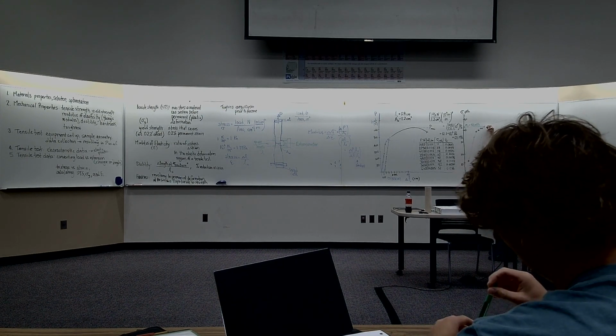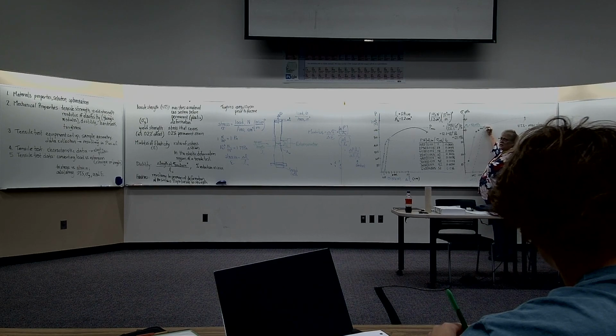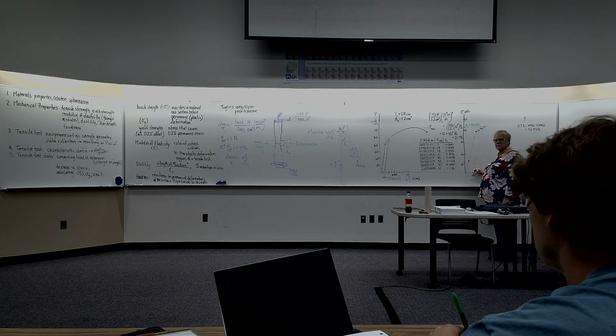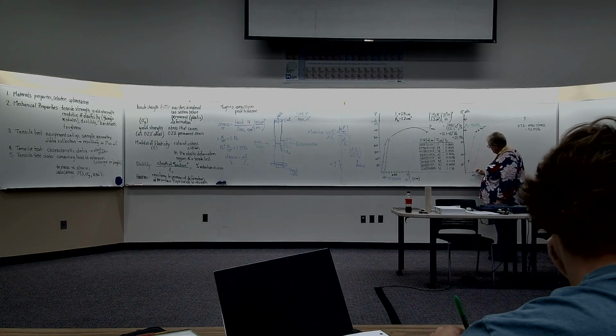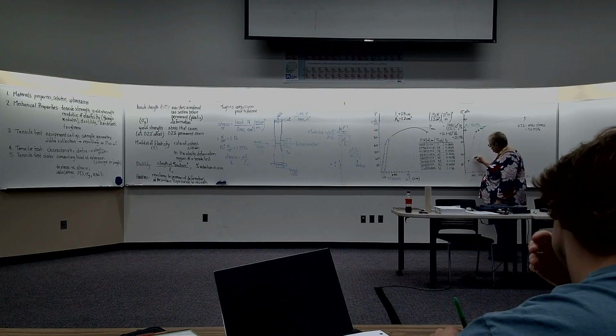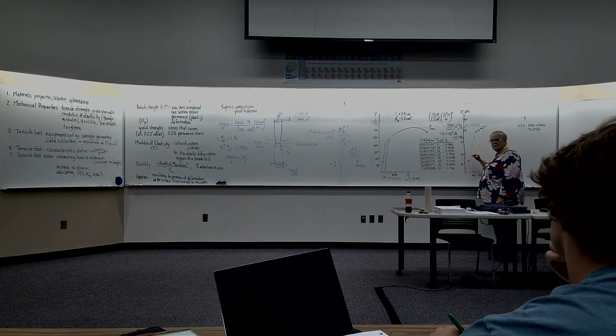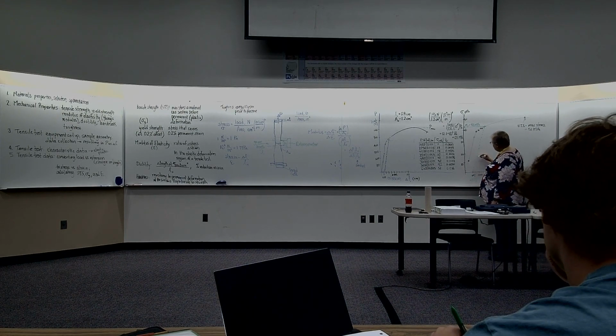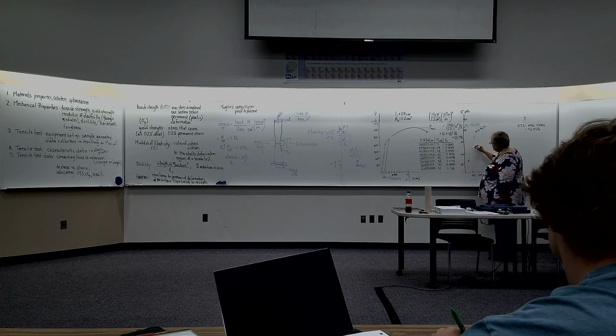What stress level would it take until when I unloaded, I had a permanent strain of 0.2%. That's where that comes from. It is not a line drawn from 0.002 straight up. That's probably the most common error. And this slope has to be equal to the original slope.